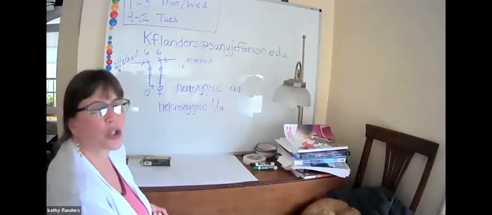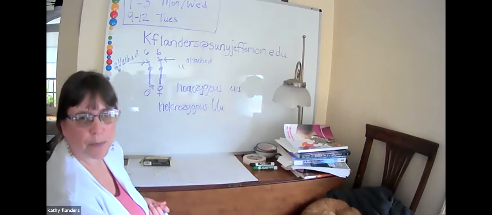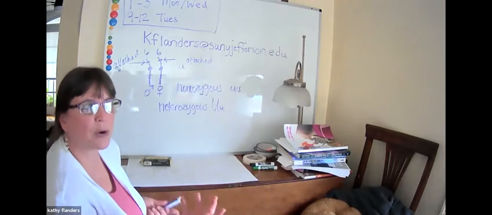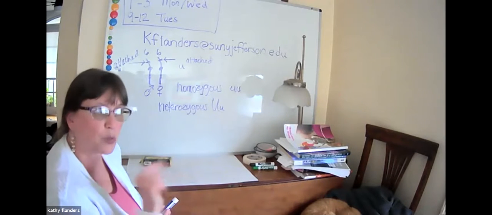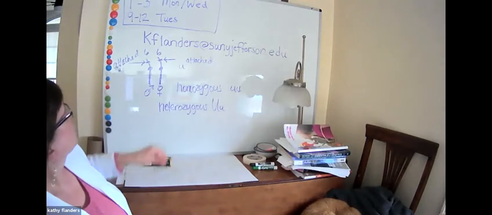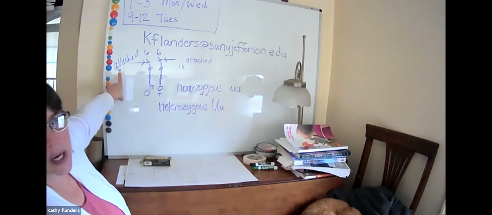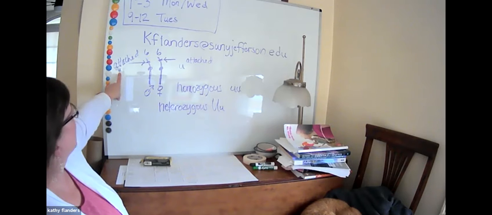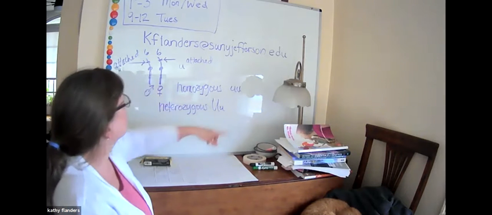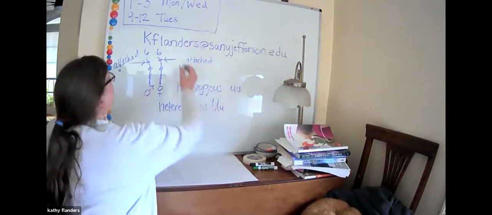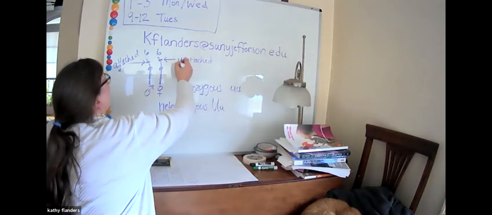It means it will show up in the phenotype. Phenotype is what the appearance is versus genotype is what the genes look like. So when you're talking about a dominant and recessive relationship, let's go back. Let's make mom unattached again.